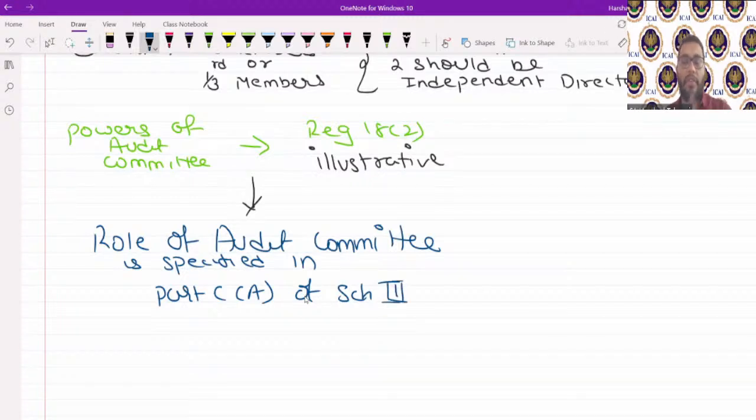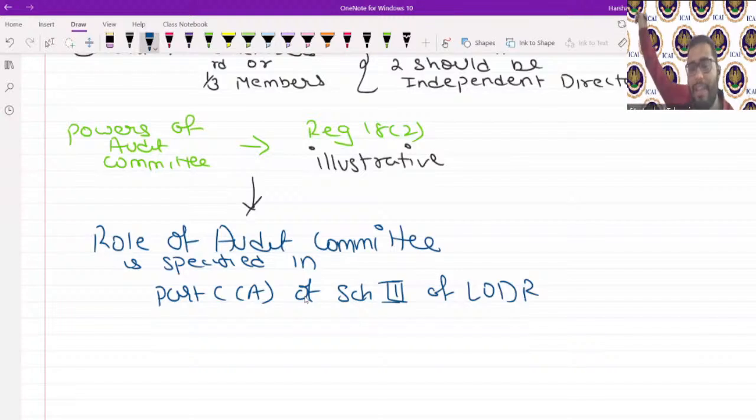Remember, this is not the Schedule 3 of the Companies Act. This is the schedule of LODR we are talking about as of now. Don't go to the Companies Act Schedule 3. This is Part C, bracket A, of Schedule 3 of LODR.